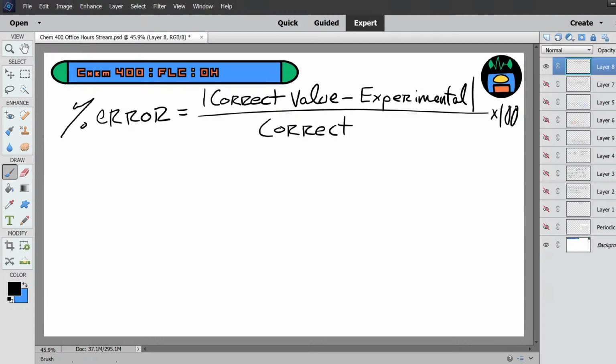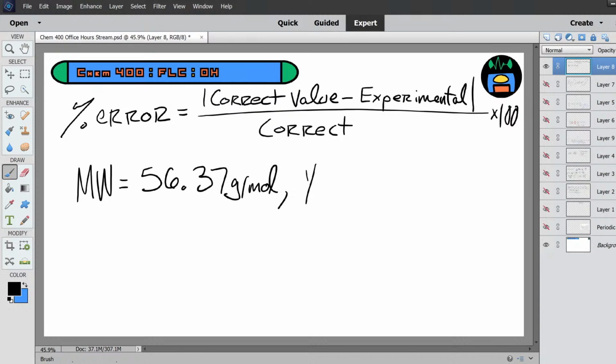So, for example, let's say that you're doing a lab, and the molecular weight of your volatile liquid is 56.37 grams per mole. But let's say you calculate that the molecular weight is 49.88.